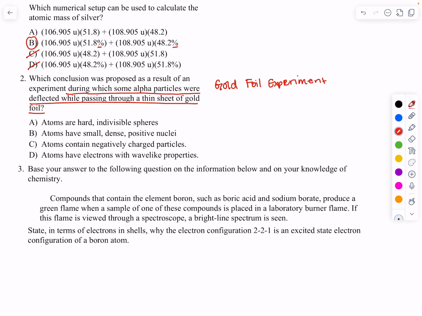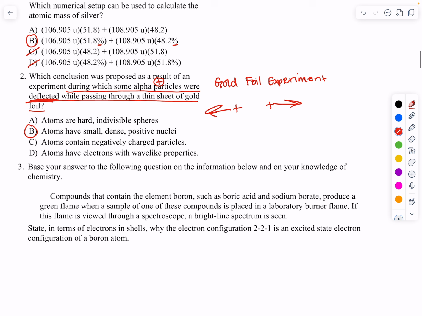Why? Because alpha particles are positive, and some of those positive alpha particles were deflected. When positive goes towards positive, right, they repel. They do not want to be near each other. So the alpha particles repelled from the nucleus. That's how we knew that atoms had a nucleus. It also determined that atoms were mostly empty space.